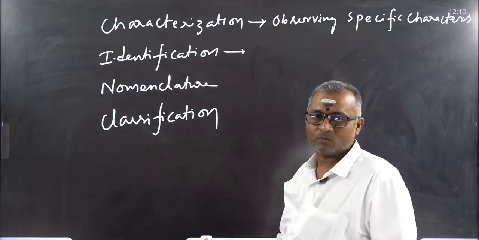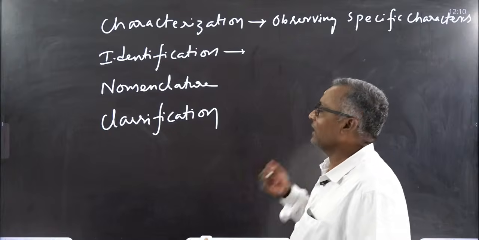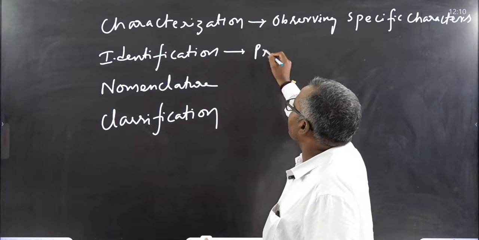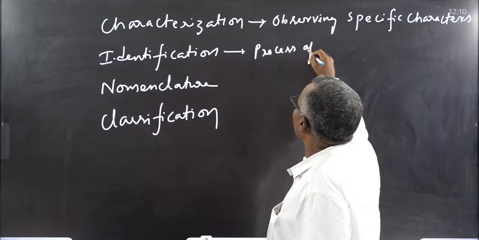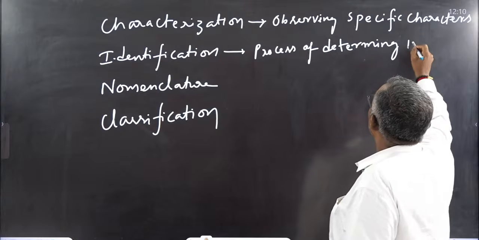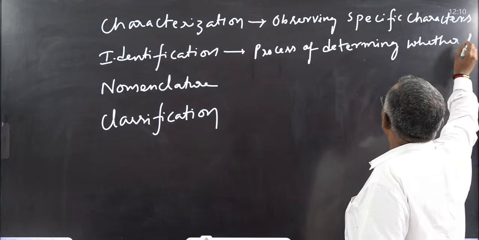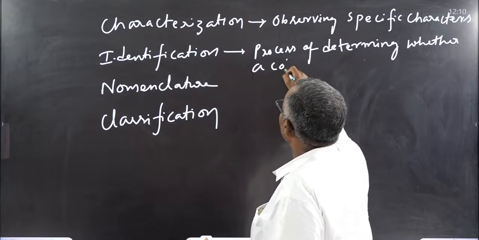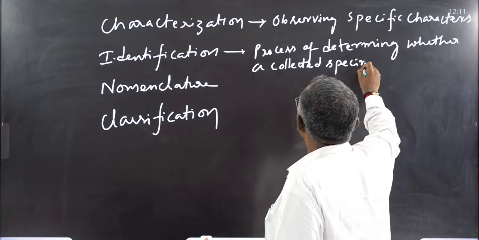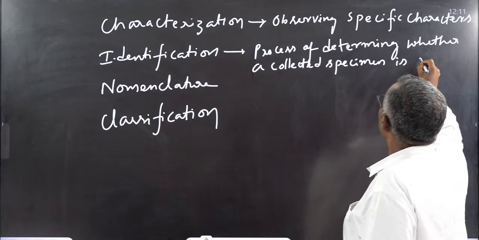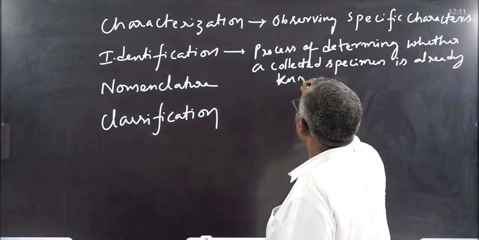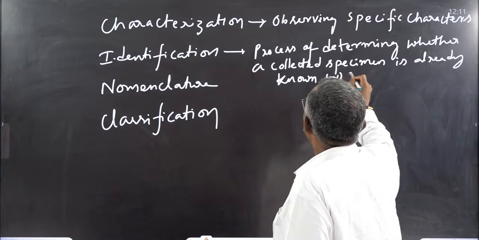And the second thing is identification. Identification is the process of determining whether a collected specimen is already known or unknown.